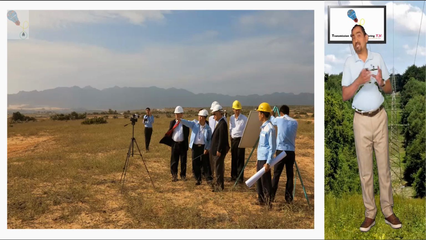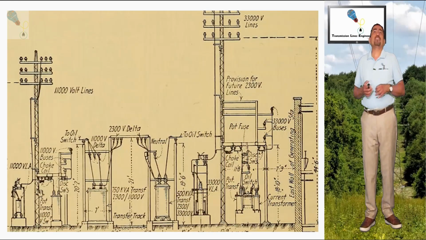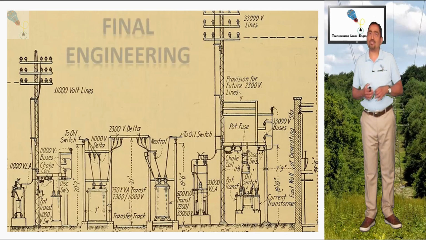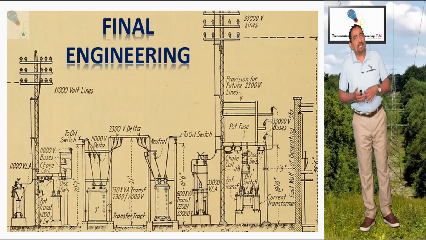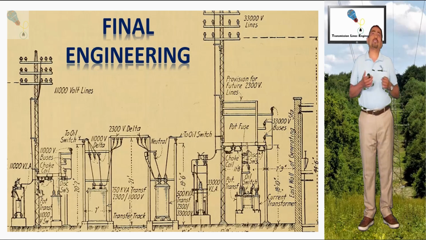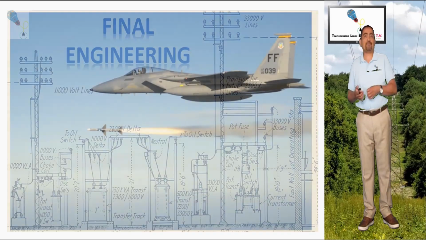The next step, or the next stage, is the final engineering phase, which is called IFCR, issued for final client review. This phase does not yet refer to the construction package.